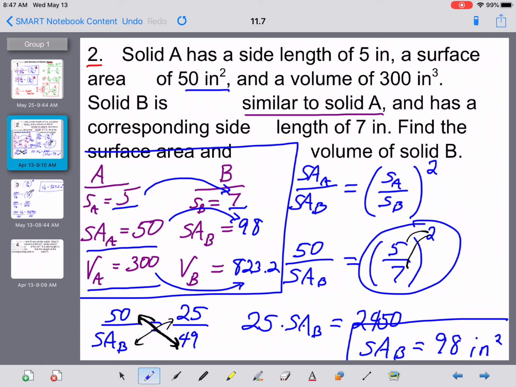That really shouldn't surprise you guys. Surface area is a 2-dimensional measurement, volume is 3-dimensional, so those things do not all follow the same factor as you compare one to the next. The volume and the surface area tend to increase by a greater factor than just the side lengths did.